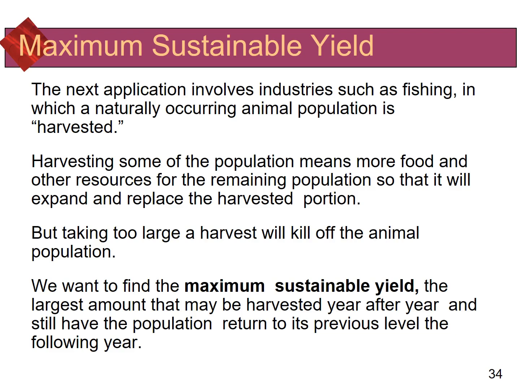We like to determine what population size would be best to keep it at, so that anything that's harvested will be replaced within the next year, and not take too many or too few and cause problems. So we want to find that maximum sustainable yield that can be harvested year after year and still have the population return to its previous level the following year.